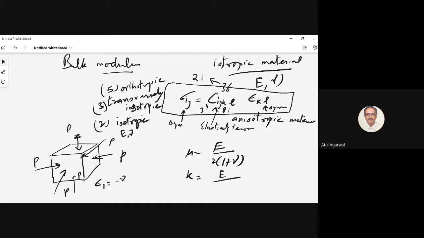So what is your epsilon 1? Your stress is P, all right? And there will be transverse contraction because of this. There is a compressive stress, so there will be transverse stretching. So what is your epsilon 1?